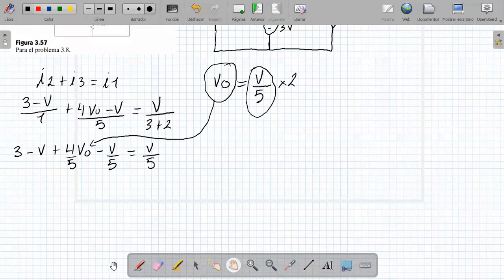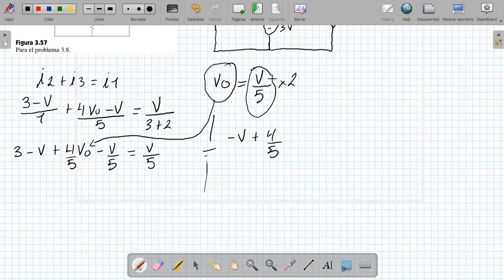So I continue with my equation. Here I place the variable: 3 minus V, plus 4/5 times V sub 0.